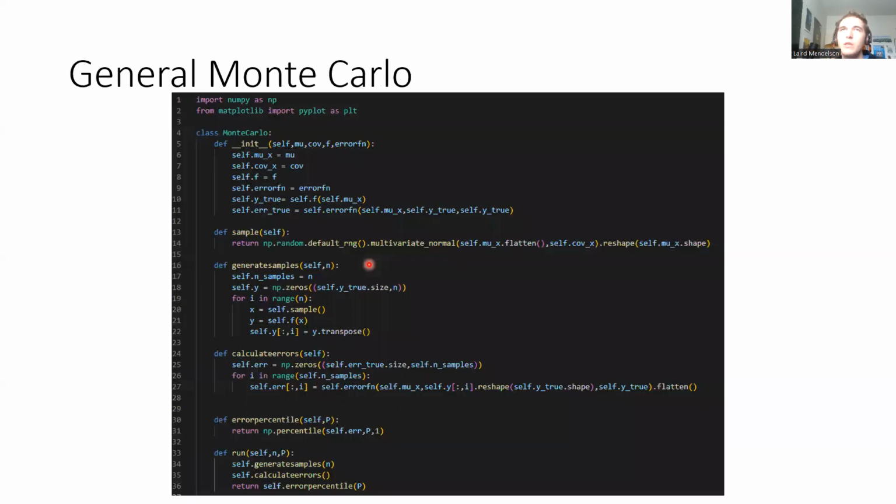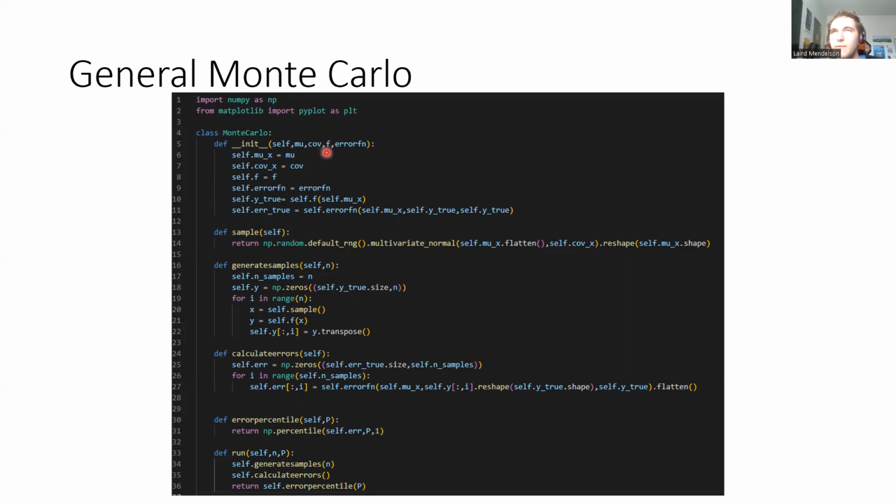But first, we need to create a Monte Carlo module in Python. You can see here in the initialization area, you send in a mean and a covariance as well as two functions.